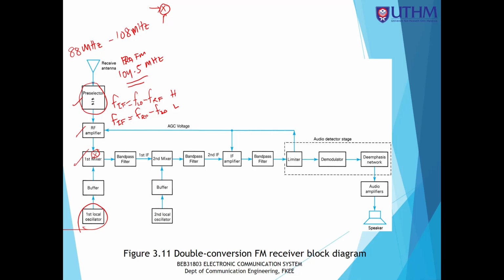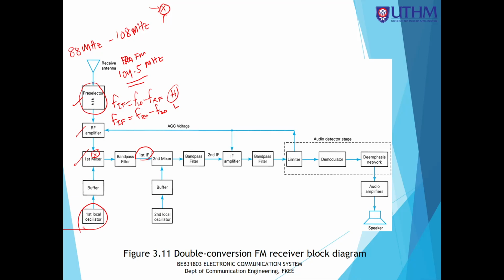As we have learned previously, in practical cases normally we use a high side injection. And what we want to do here in the first mixer is produce the first IF, the first intermediate frequency.